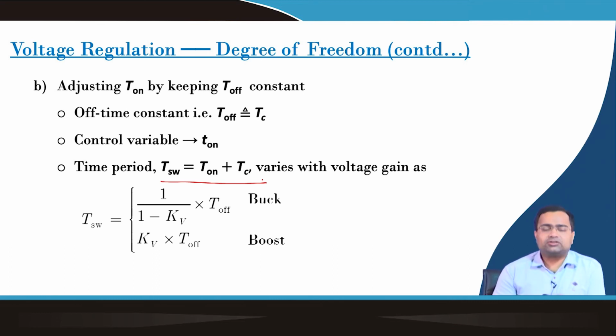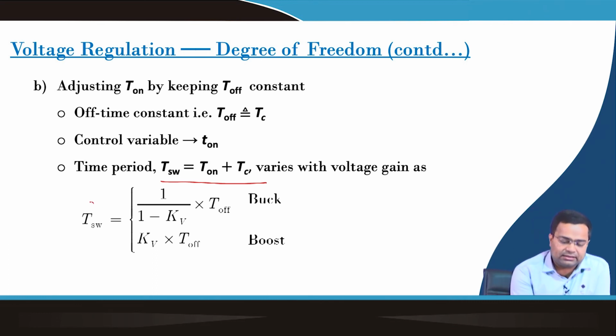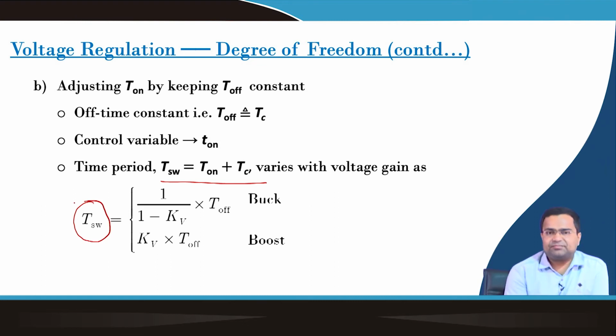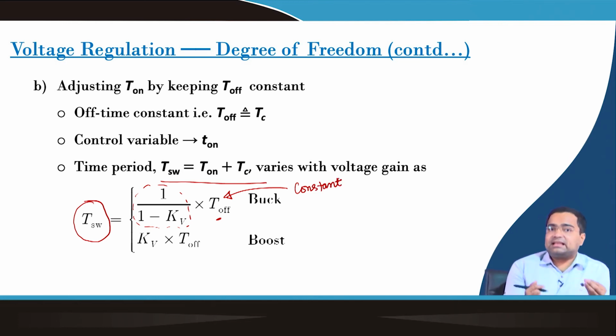Under this condition, if we write the time period expression, it will be a function of voltage gain and off time. This is my voltage gain function, and the off time is constant. If there is any variation in voltage gain, because we want to regulate the output voltage, suppose there is a change in input voltage, then kV changes.